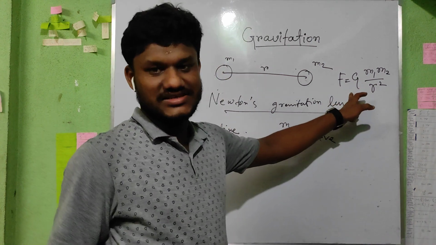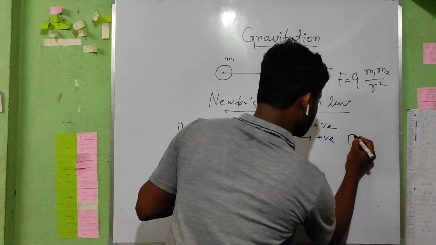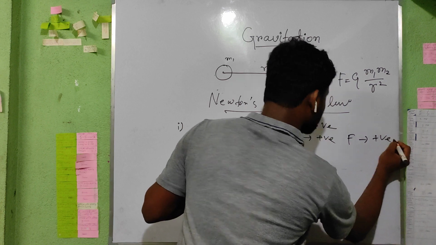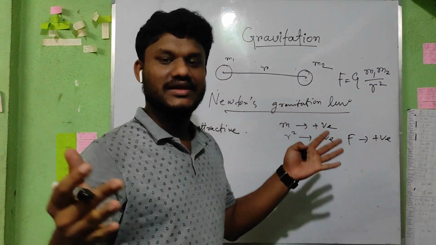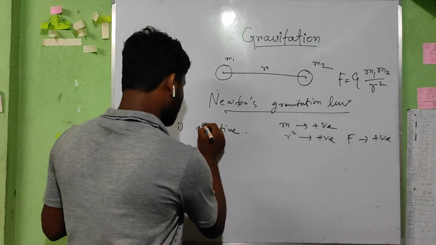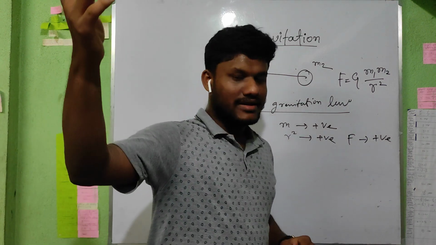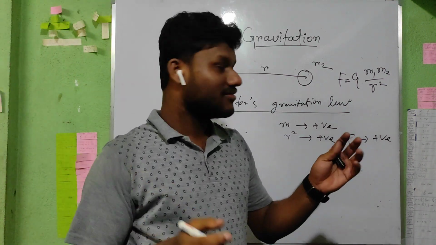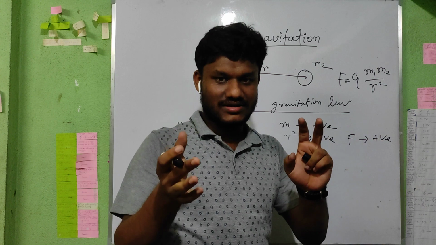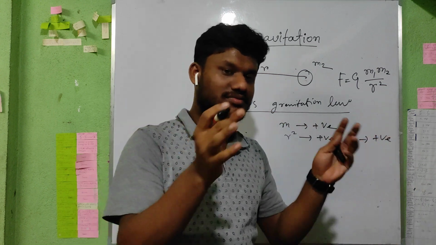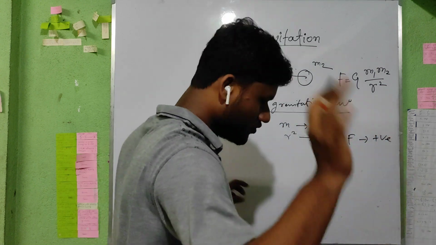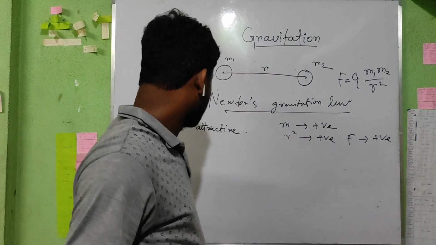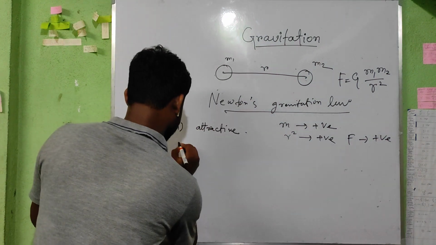And we found that G is also positive. So F is positive, and if F is positive, that means it will be attractive. But if you read about electricity, you will find that charges can be different, like plus and minus. Then there will be attractive and also repulsive force. We will come to this in another video. But now the first one is attractive.